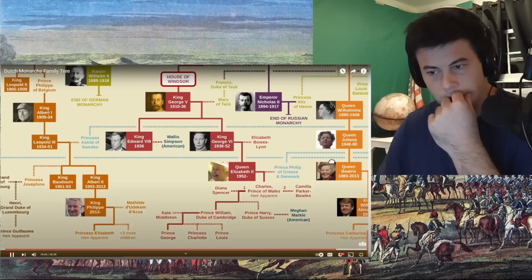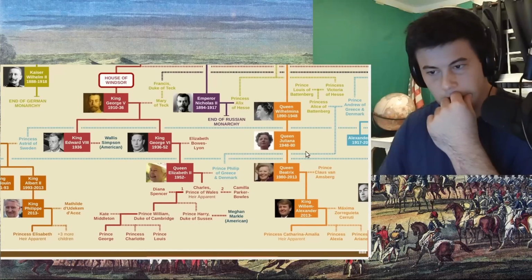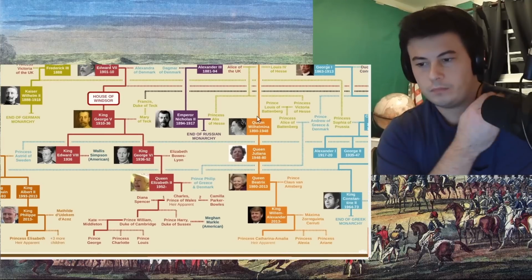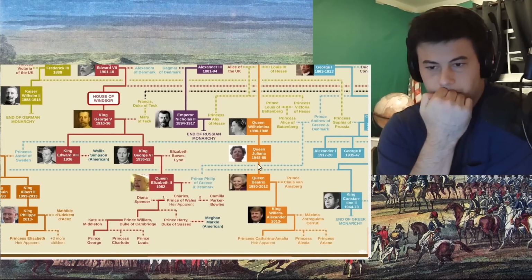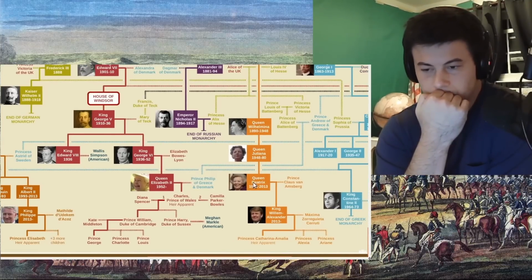Second, I want to note that although the Dutch royal line passed through several females, they have chosen to keep the official name of their royal house, Orange Nassau.